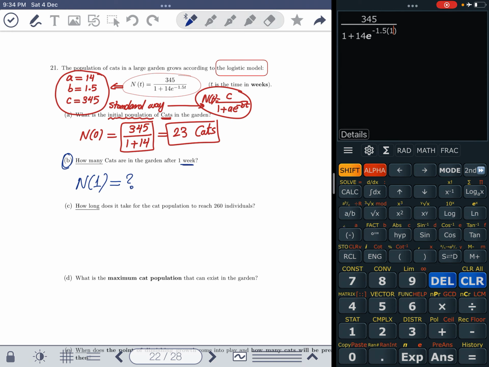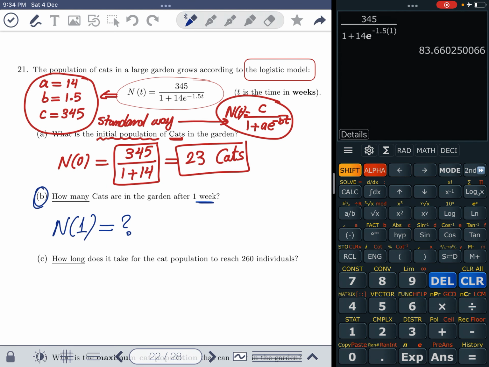Now you give it 1 week. So after 1 week, 345 over 1 plus 14 e to the minus 1.5 gives 83.66, which is approximately 84 cats. From 23 to 84 in 1 week.